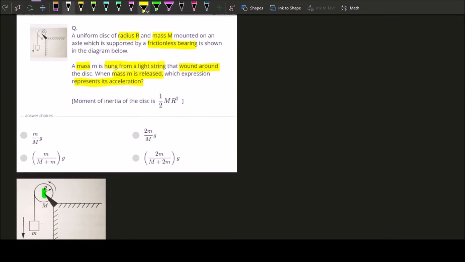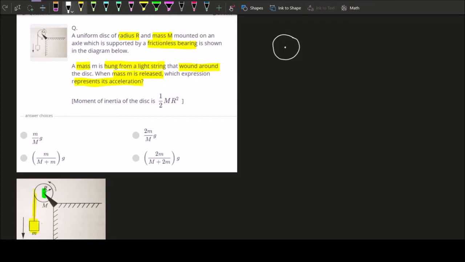Okay, so the first thing you do when you face this kind of question is you draw the free body diagram for both of the objects, the pulley and the mass M. Let's draw it for the pulley first. For the pulley, you represent the object with a circle, center over here. As you can see here, you have a string coming out from the left hand side, and this string, because of this block here, will be pulled.